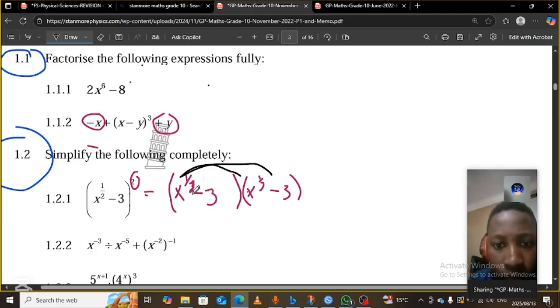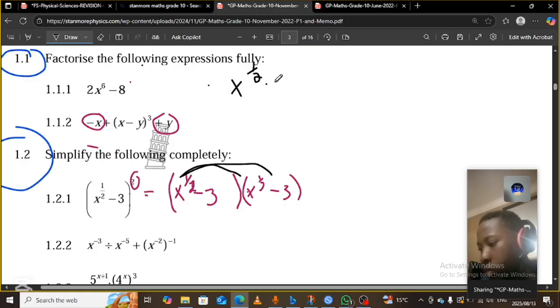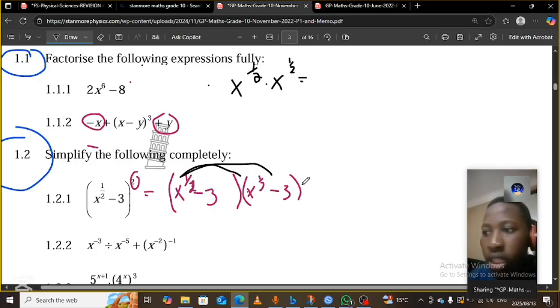What is x to the power of 1 over 2 times x to the power of 1 over 2? It's x. They cancel each other, so it's x.